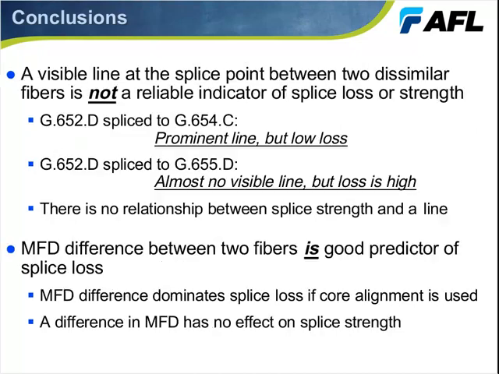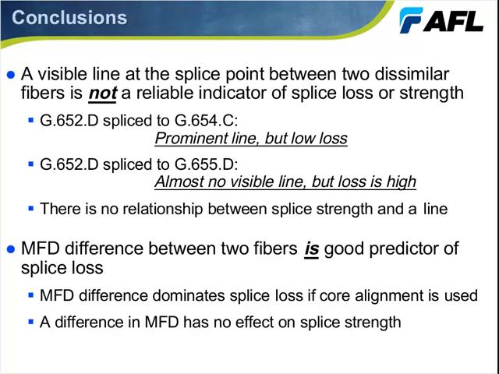And moving on to our final conclusions, a visible line in the splice point is not really a reliable indicator of any problem concerning splice loss or strength. And I think the three fiber combinations we chose were chosen to really illustrate that. So on the 652 fiber splice to the 654 is a very prominent line.